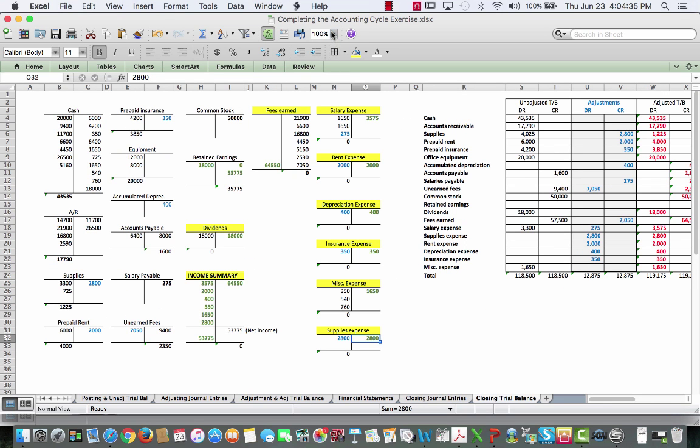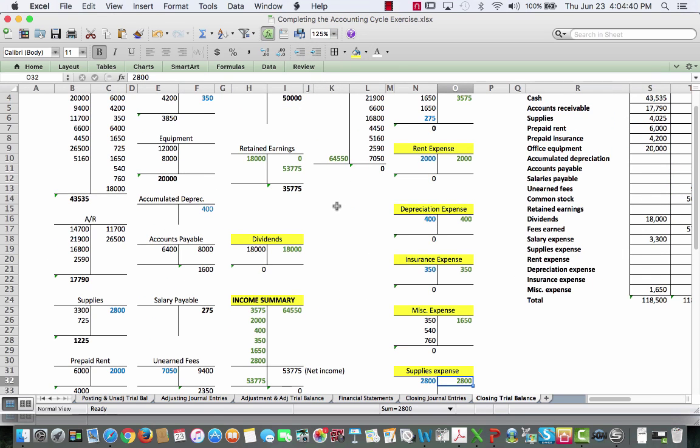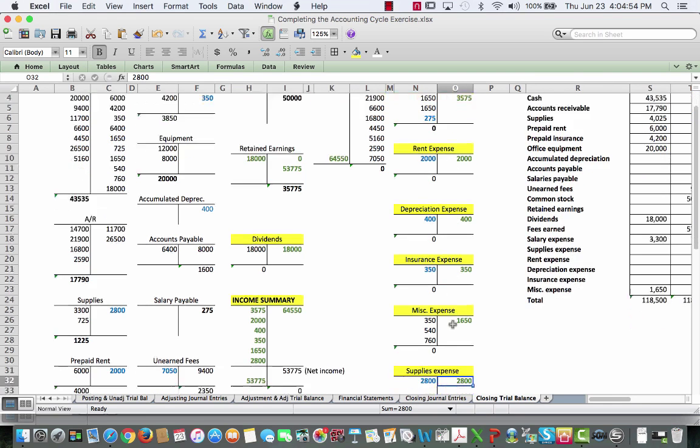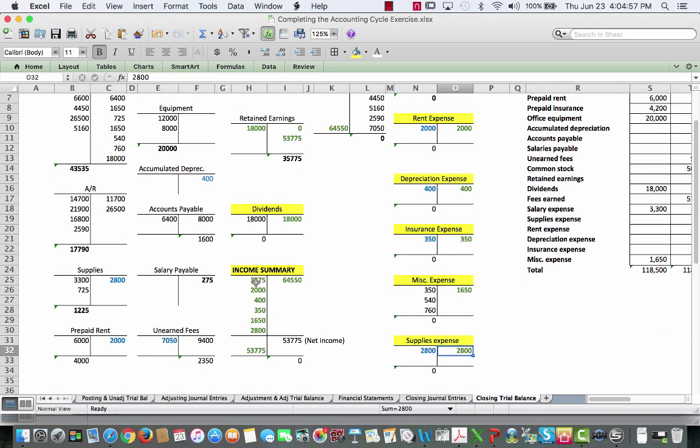Here, if we take a look at the general ledger, you'll see that our revenues, our fees earned, has a 0 balance. This was closed into income summary. Each expense was closed out into income summary, which left a balance.